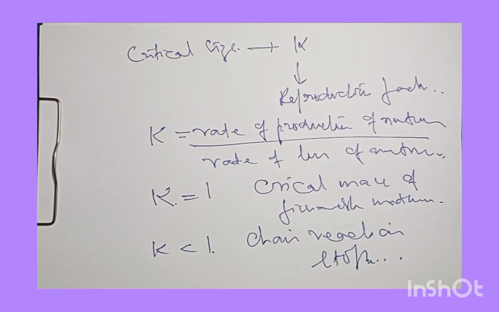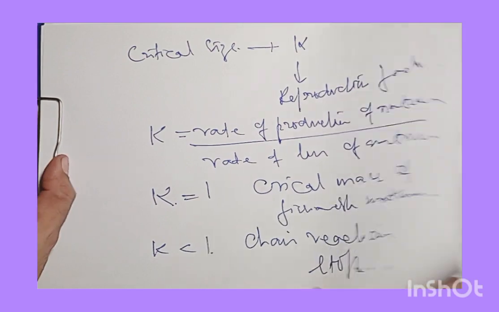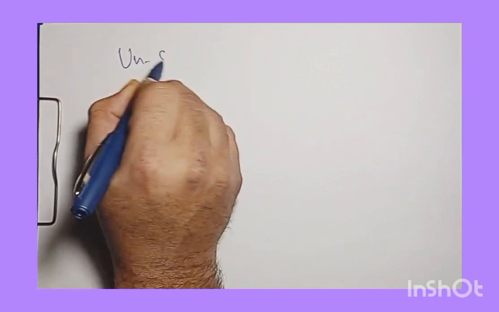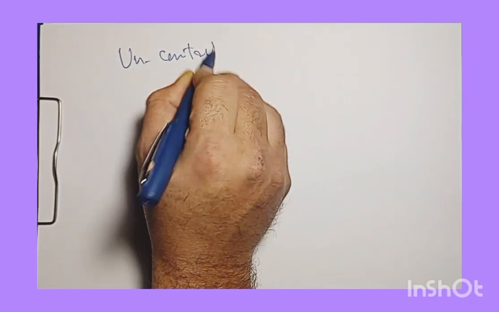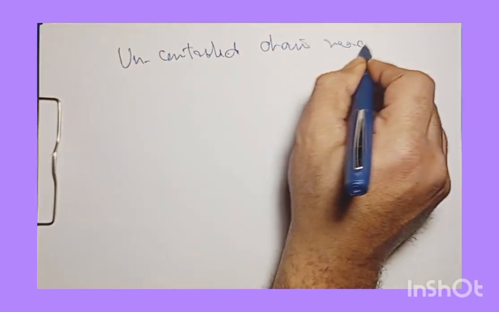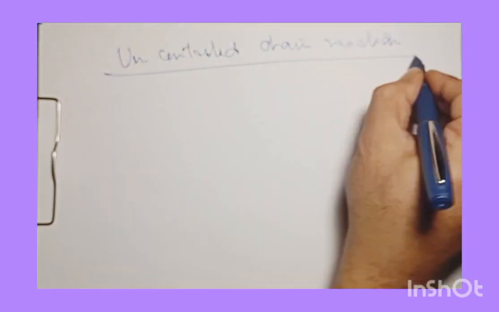Now, we have two types of chain reactions. One is called uncontrolled chain reaction. Now, what is an uncontrolled chain reaction?